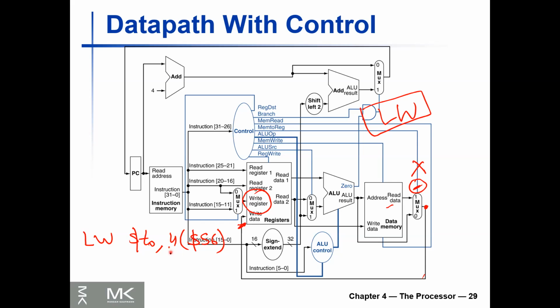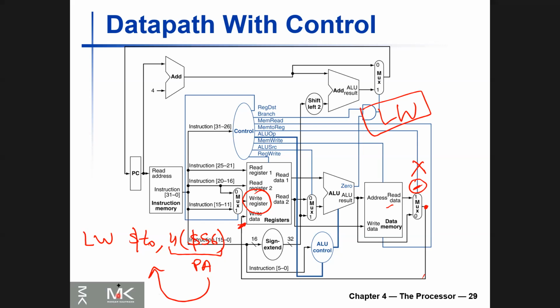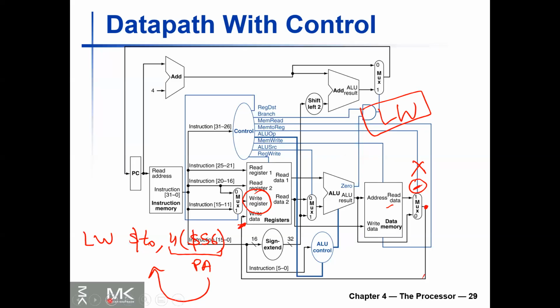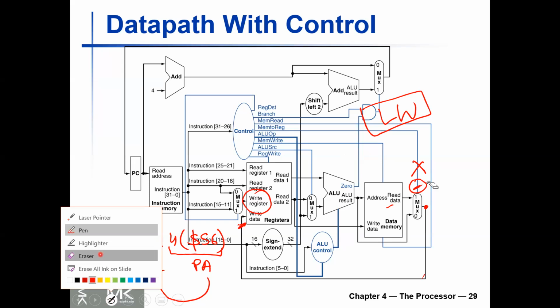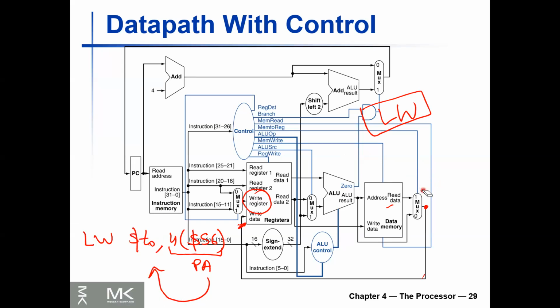So we calculate the physical address, and then from that physical address we bring the data and store it in T0. So writing is there. Am I right, girls? For that one, now my point is here. What should be the value of this signal? Can you tell me now?